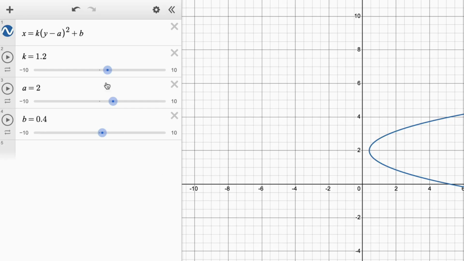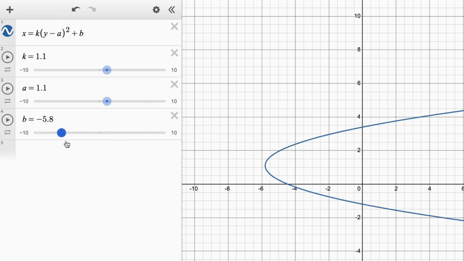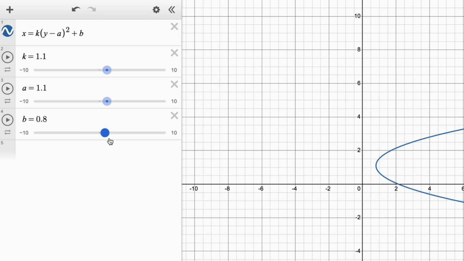So there's the same parabola, same stuff is being controlled, but over here the a is controlling how far up or down it is because it's paired with the y. Since this line has technically become our x-axis, we are still moving it across, and this is still moving it up and down, but it's just replacing the axes. So this is how we can mess around with the vertex form.